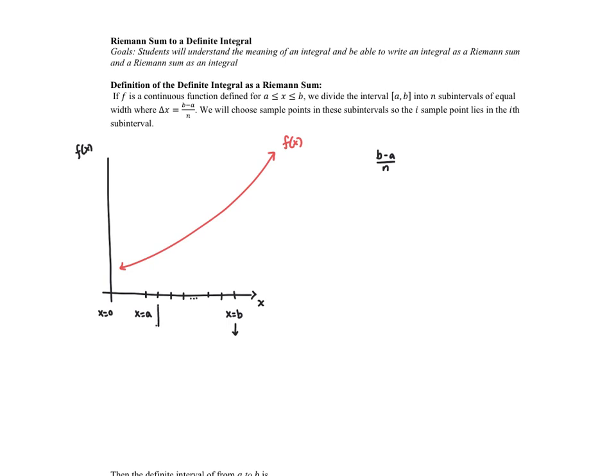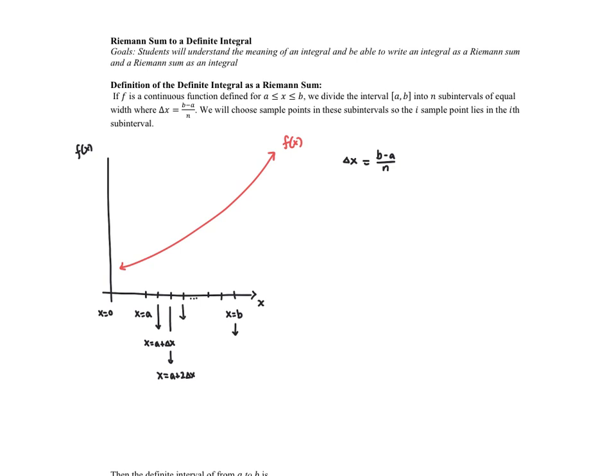Of course, this would be x equals a plus 1 delta x. Okay, we're going to call the width of each subinterval delta x. Our second x value, we're going to call x equals a plus 2 delta x.